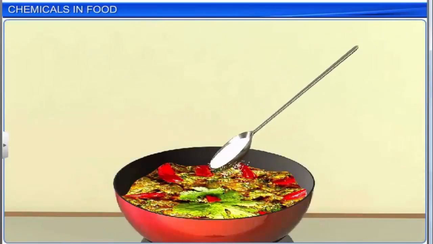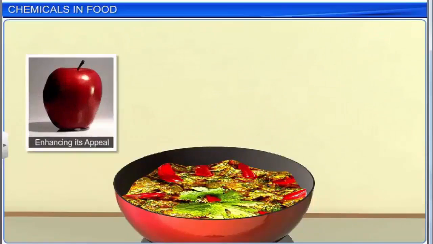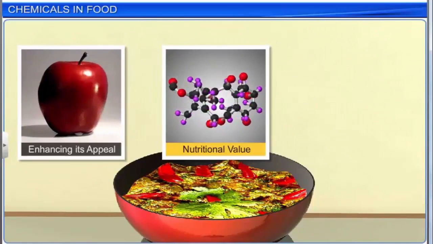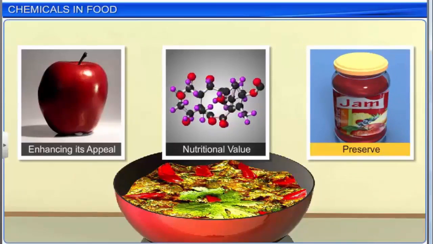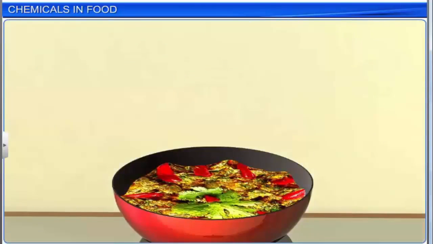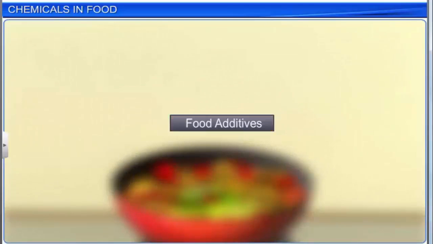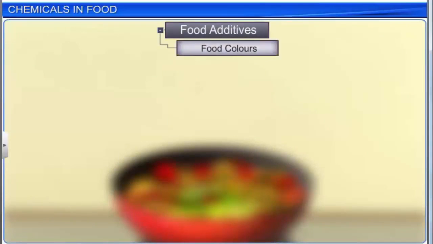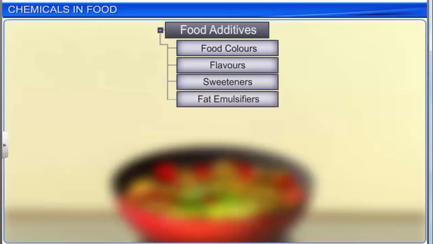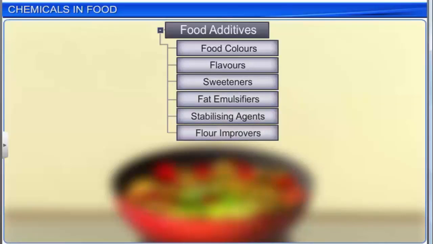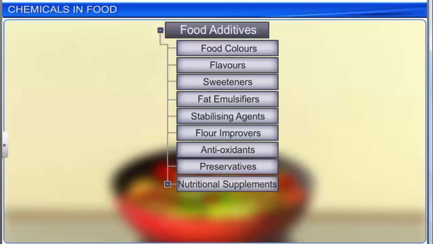Chemicals are added to food for various reasons, such as enhancing its appeal or nutritional value and to preserve it. There are various categories of food additives, namely food colors, flavors and sweeteners, fat emulsifiers and stabilizing agents, flour improvers, antioxidants, preservatives, and nutritional supplements such as minerals, vitamins, and amino acids.